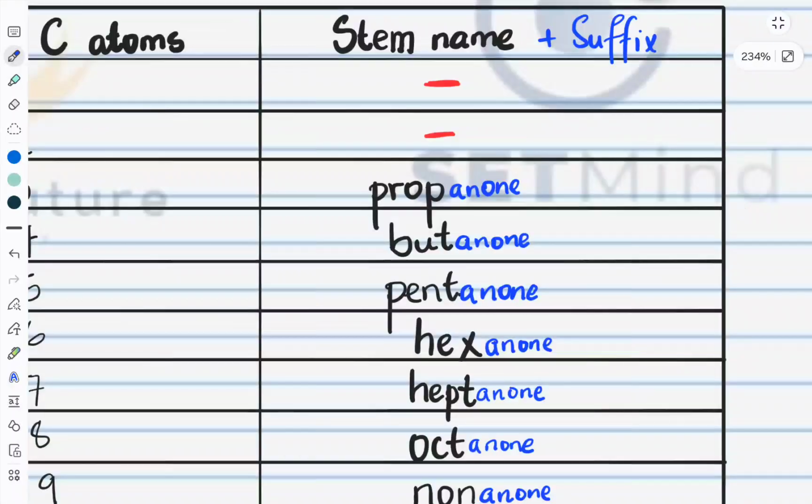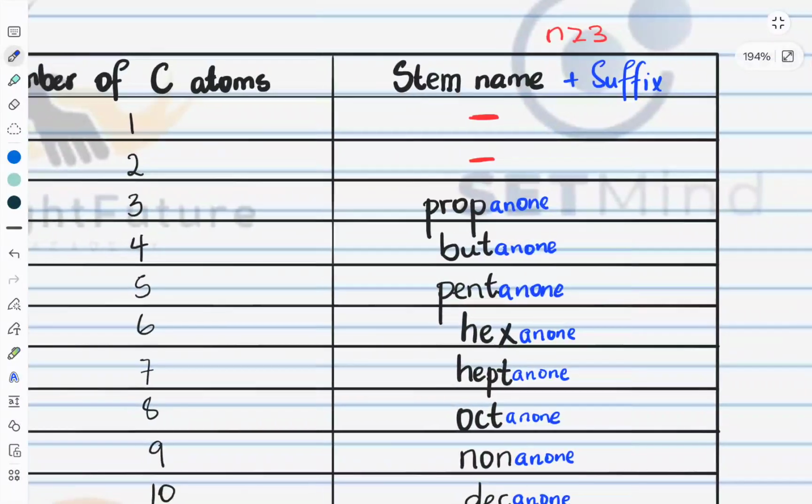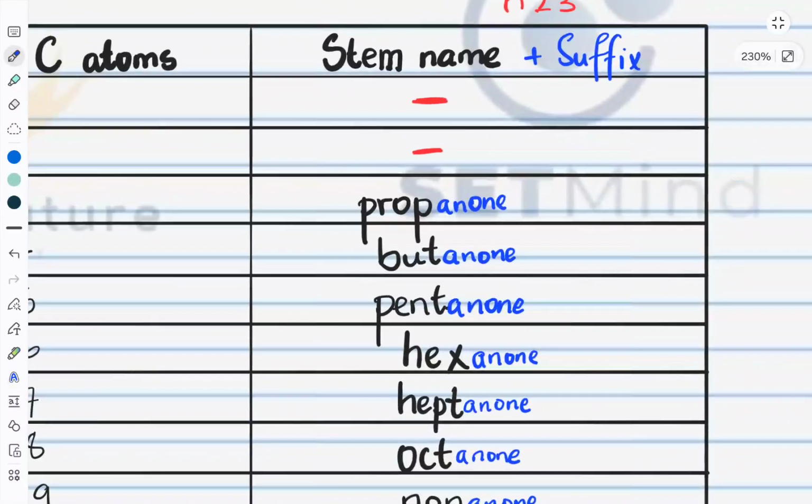However, like I said, after propanone, you can't get a ketone that is simply going to be butanone. It will have a number, because there what we will be doing is mentioning the location of the functional group. So for propanone, there's no need to mention the location because it's the first ketone, right? As a result, the first ketone only has 3 carbon atoms. You can mention the location, but it's really not necessary.